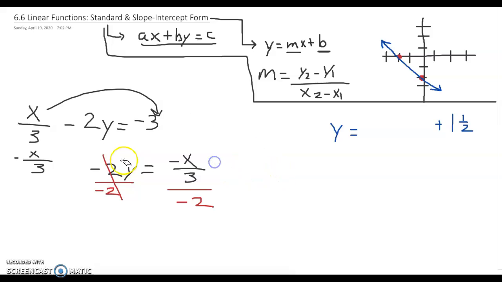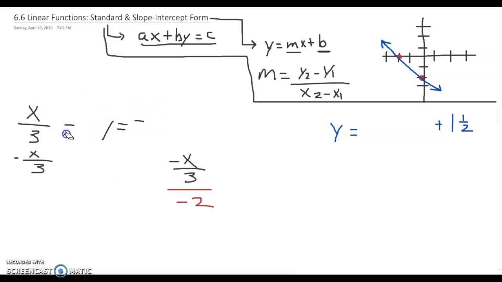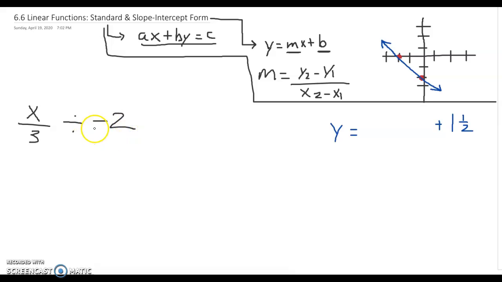Let's erase it so I have more room to work and I can show you exactly what I'm talking about. Now we're going to take this and divide by negative 2. We all know we cannot divide fractions, so we flip it over and do the reciprocal.